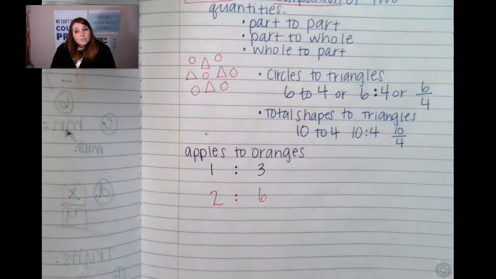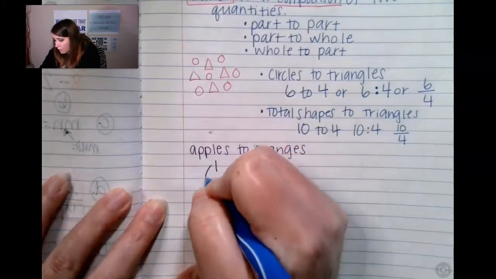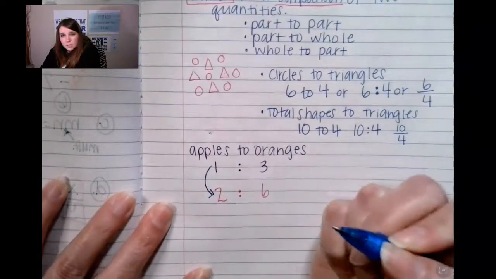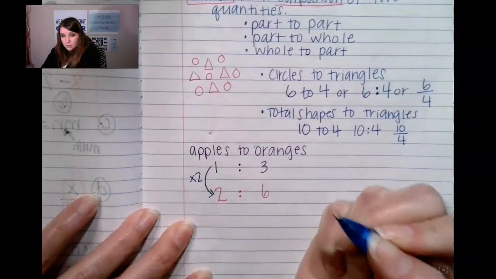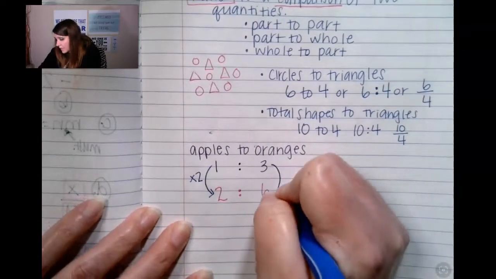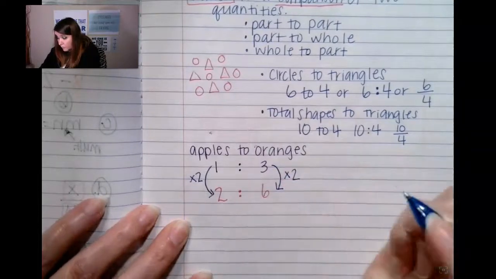Well, the way I would determine if the ratio is equivalent is I would find out how we got from one spot to the other. If I went from 1 apple to 2 apples, that means that I multiplied by 2. If I go from 3 to 6, I am also multiplying by 2.